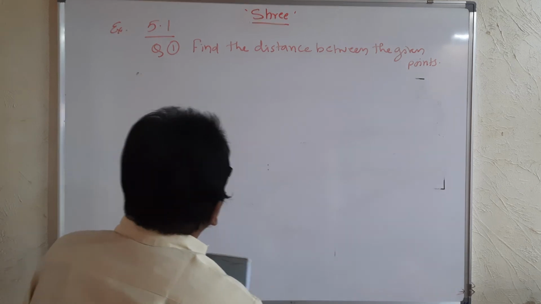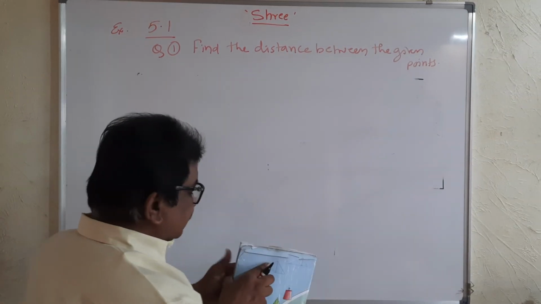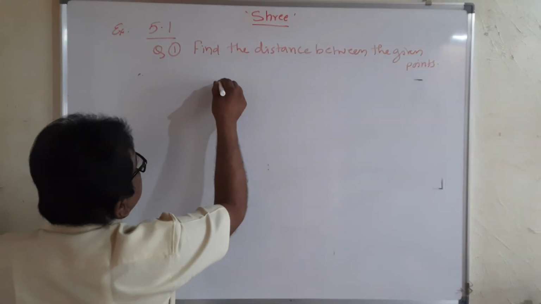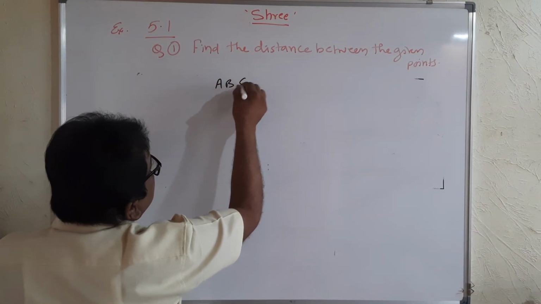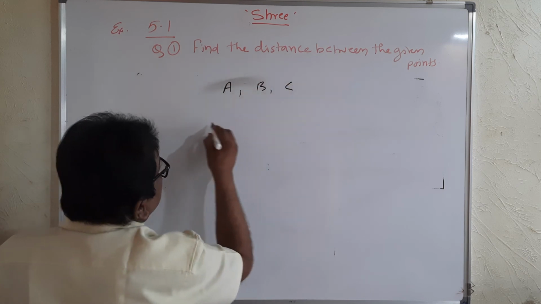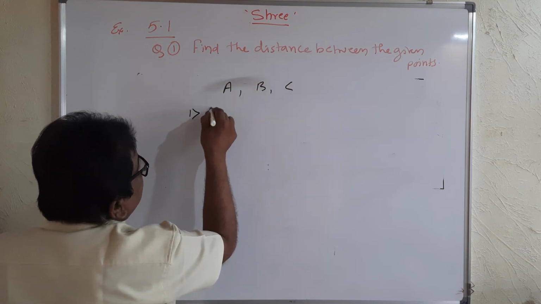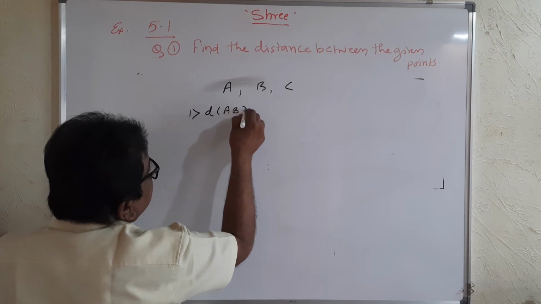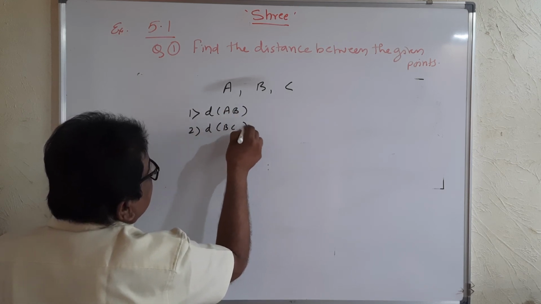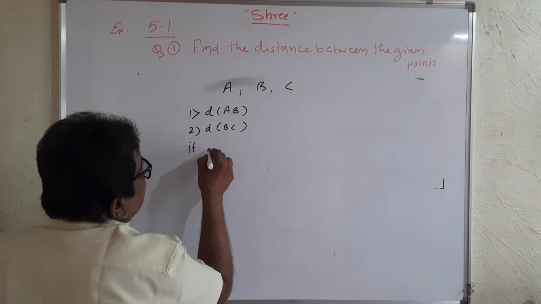There will be 3 points given, A, B and C. First, you have to find distance AB. Then find distance BC.